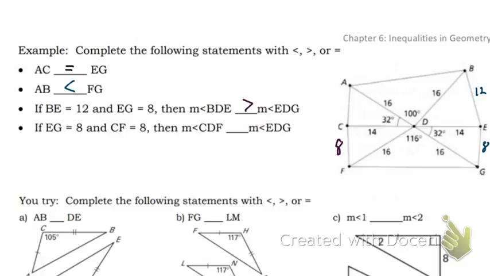So it says then CDF has what to do with EDG? Well, we have two congruent sides. We have 16, 16, 14, 14, and the last side is 8, 8. So those two angles must be congruent to each other. So that's going to be a nice equal sign.